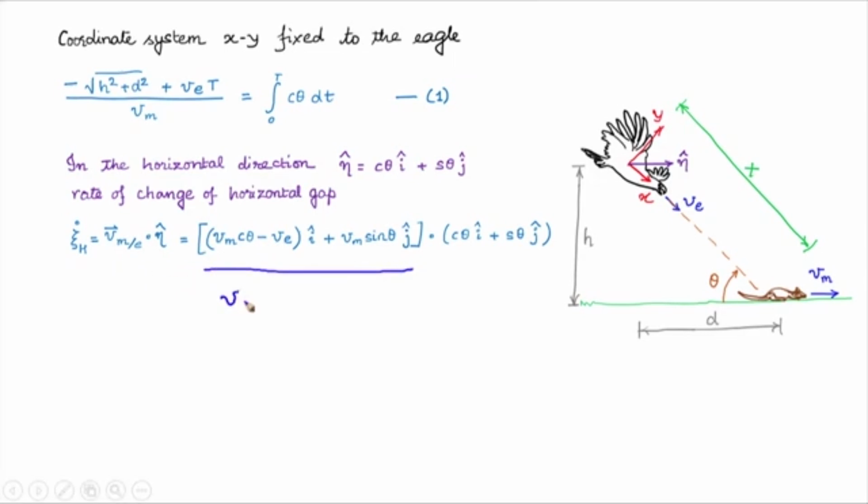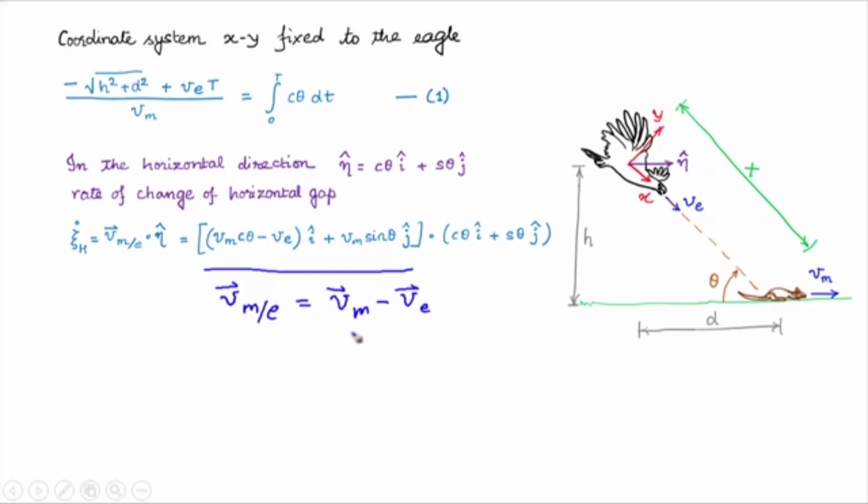remember this is our expression of V mouse with respect to the eagle, which is nothing but velocity of the mouse minus velocity of the eagle. And this was represented in terms of x dot and omega cross x vector, as represented in the rotating frame.